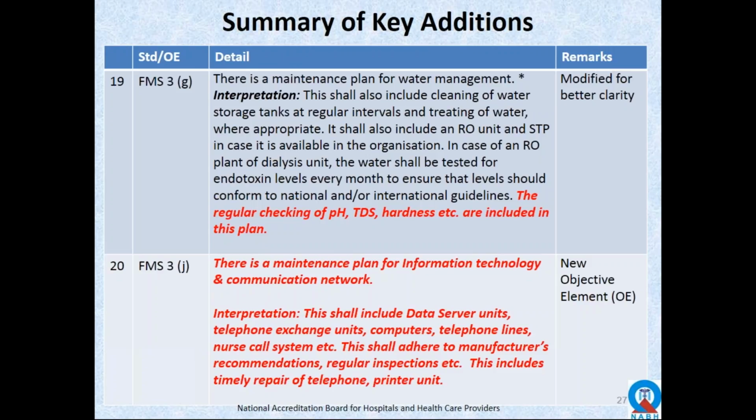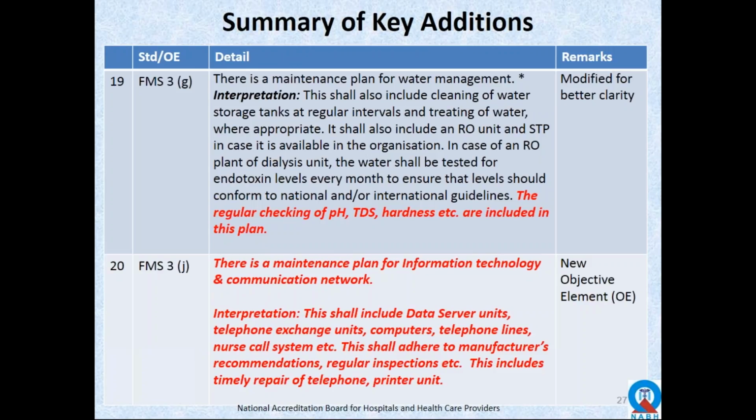In fact, all the hardware and some aspects of the software which are included in providing communication networks to the hospital. It may be in terms of maintenance of the network switches, in terms of software upgrades, in terms of system patches. All these things should be included in the maintenance plan, and these should adhere to the manufacturer's recommendations. There should be regular inspections and timely repair of the telephone units, printer units, other hardware equipment.